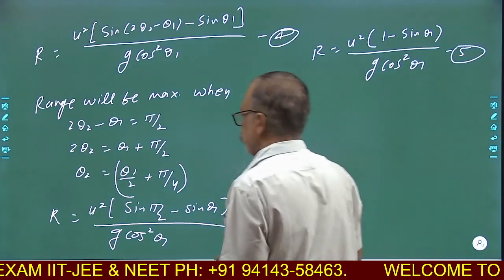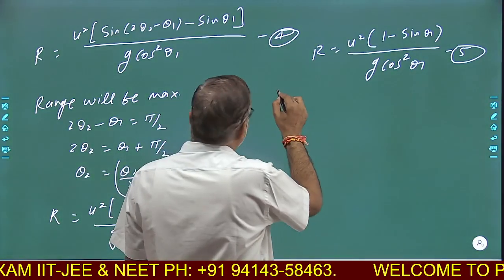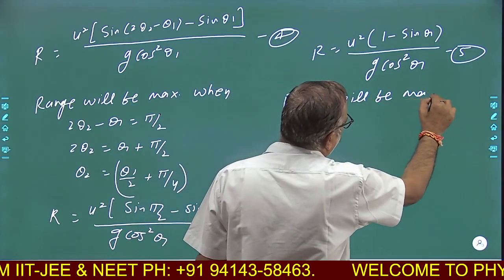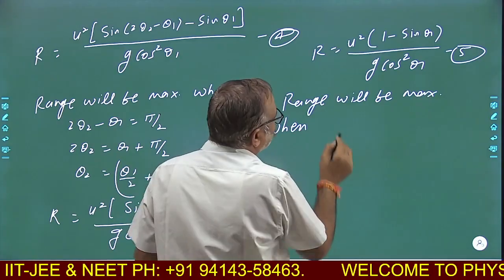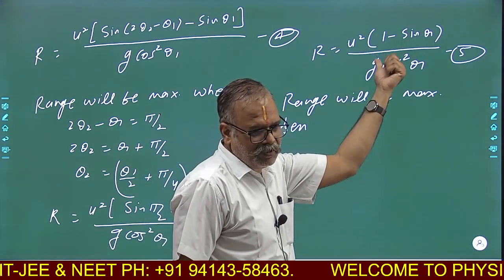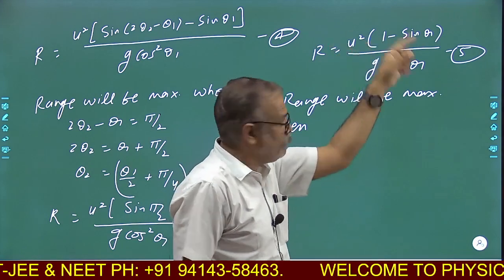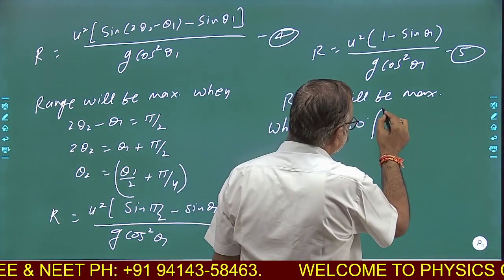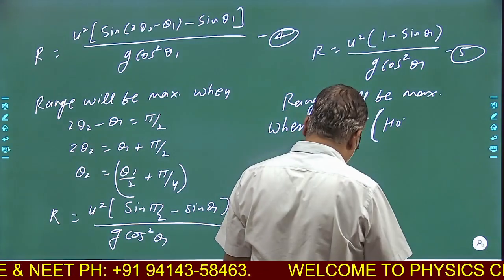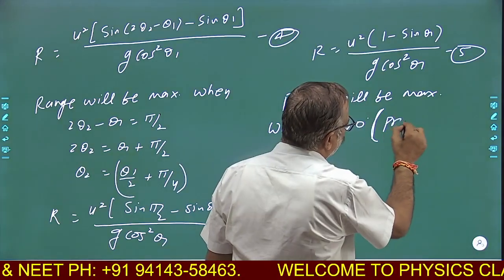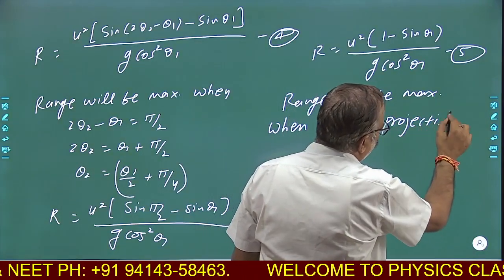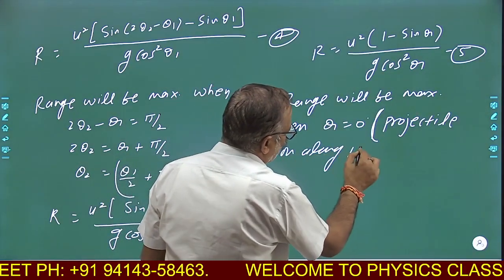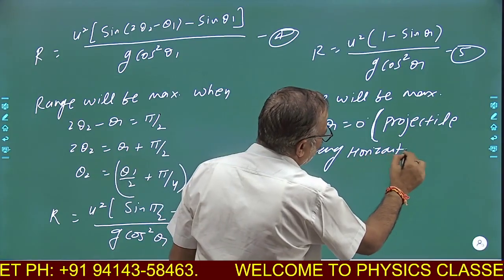Equation number 5. Range will be maximum when, see, sin theta 1 is subtracting from 1, so if its value becomes 0, it will be maximum, when theta 1 is equal to 0 degree. In which condition does this happen? Projectile motion along a horizontal plane.